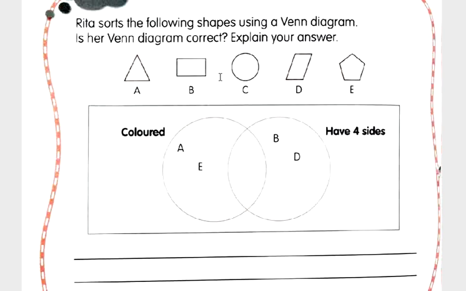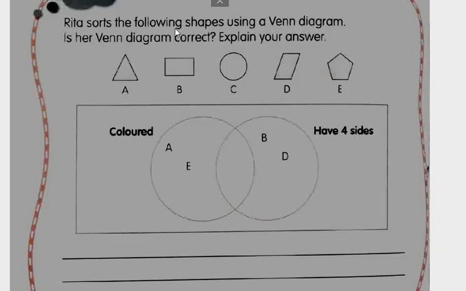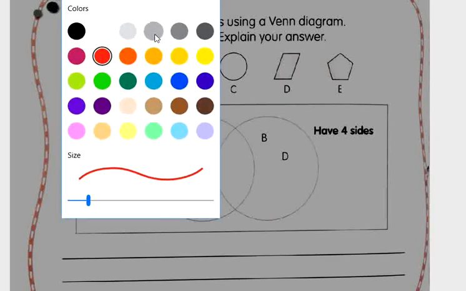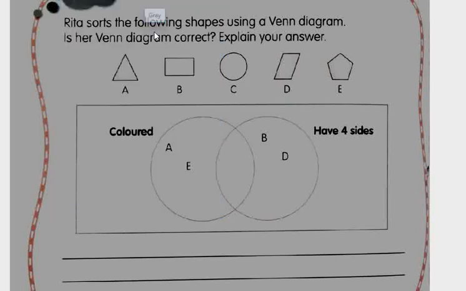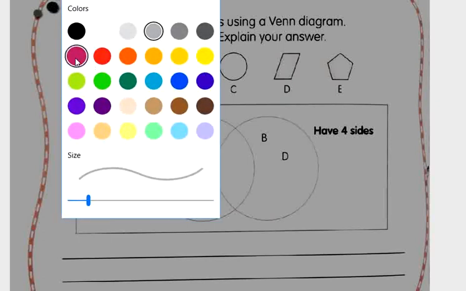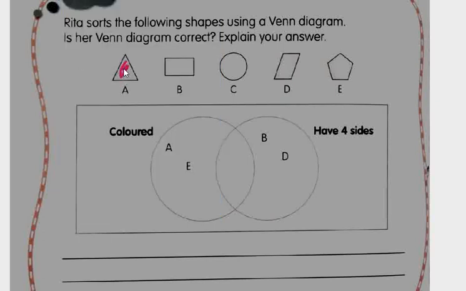Okay, my scanned pages are not really clear, so I think I should mark all the shapes that are colored, so it will be the same as your book.